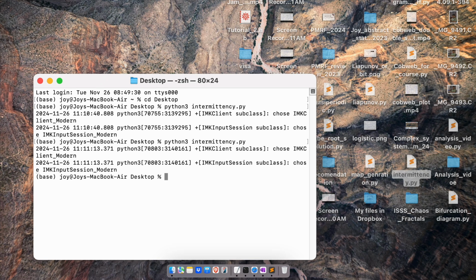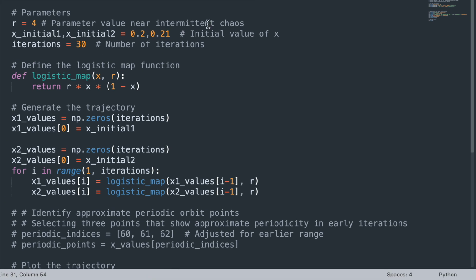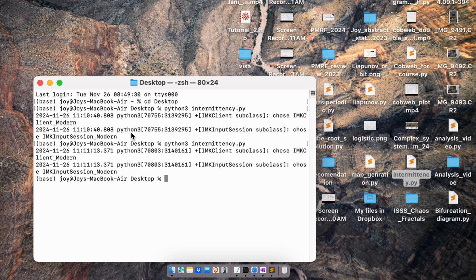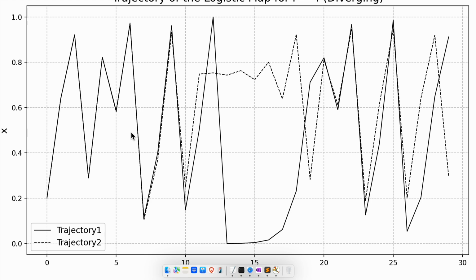Will it be good enough if I go nearer to this point? Suppose we go nearer, to 0.001. This is much closer. Indeed they remain very close, actually overlapping here: 1, 2, 3, 4, 5, 6, 7, 8.